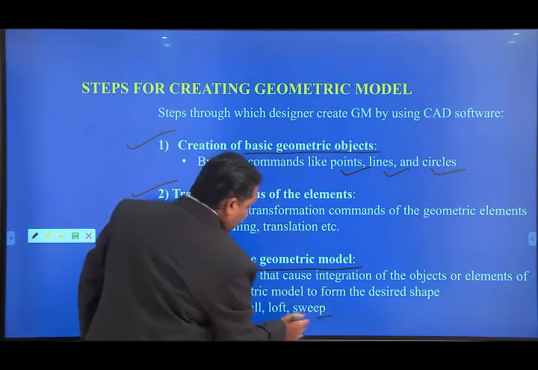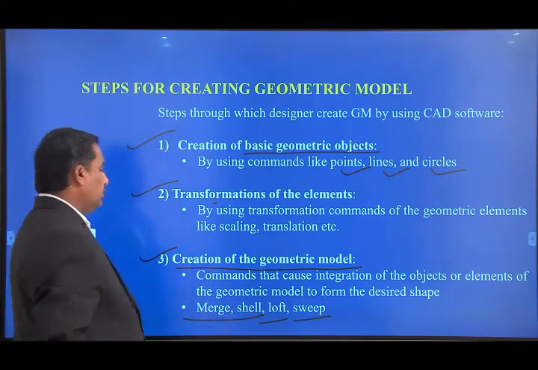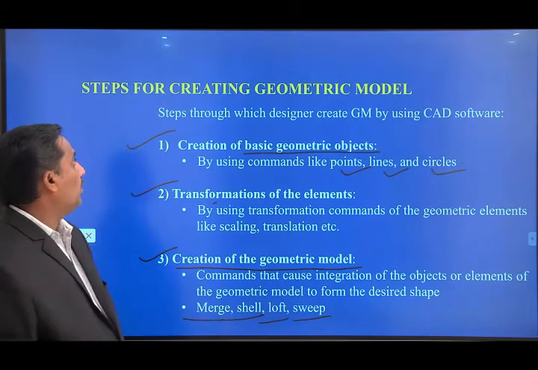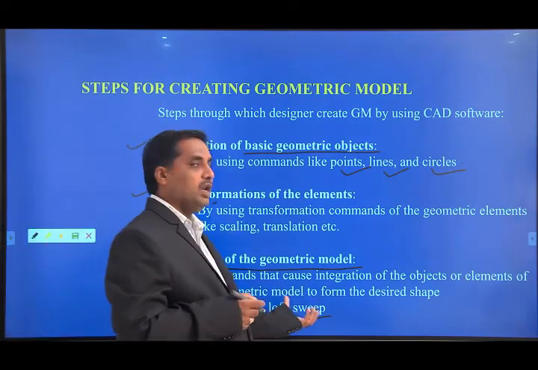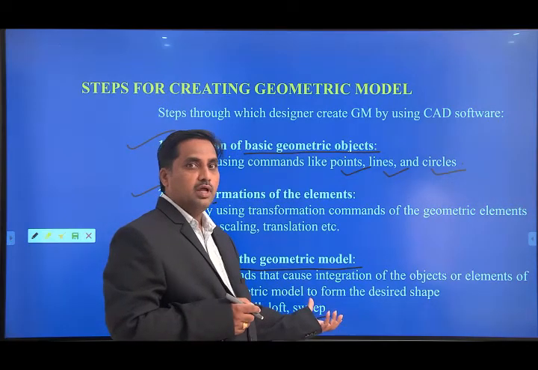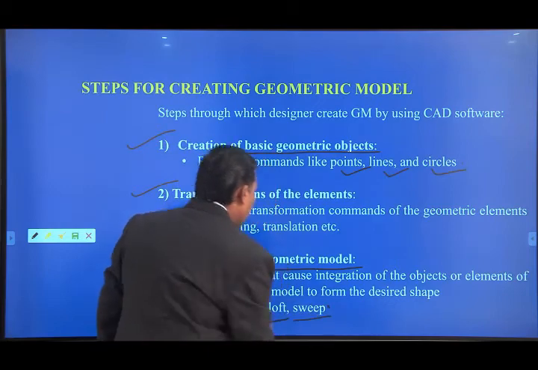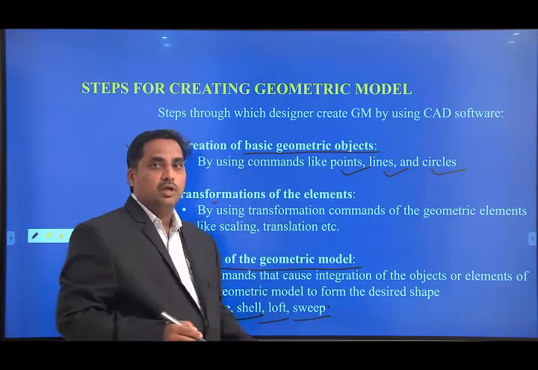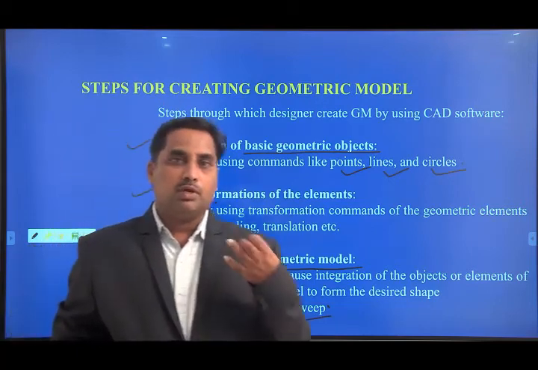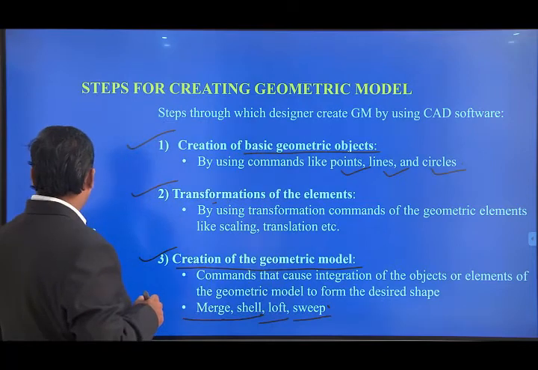We have to sweep, loft, make a shell, and merge. Then only will we get the final 3D component. You can learn all these in detail in the subsequent classes, but at this moment I can tell you that only sweeping, rotation, lofting, shell and merge operations are required for creating the 3D model from 2D or 1D models.